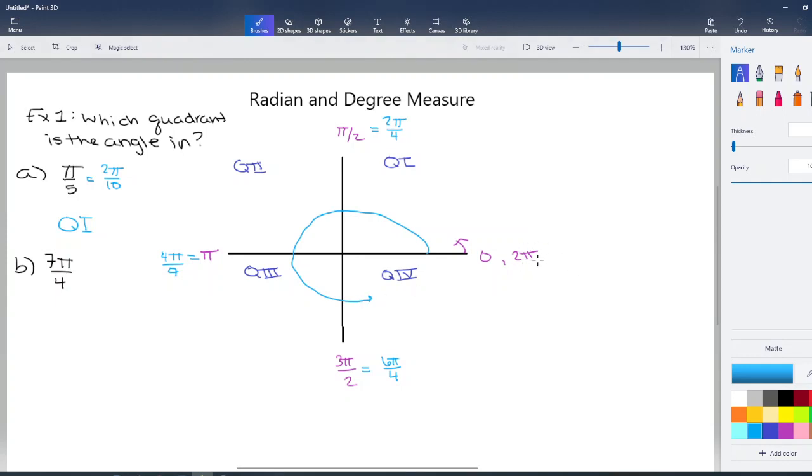Is it bigger than 2 pi? Well, this would be 8 pi over 4. So no, it's smaller than that. It's going to be between 6 pi over 4 and 8 pi over 4, somewhere in quadrant 4. Okay, or if we're using Roman numerals, quadrant IV.